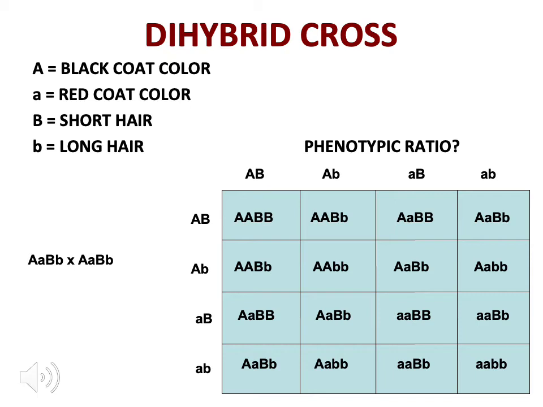So the phenotypic ratio here is going to be my probability out of 16, which means I'm going to have 9 out of 16 black short. I'm going to have 3 out of 16 black long. I'm going to have 3 out of 16 red short, and 1 out of 16 red long.